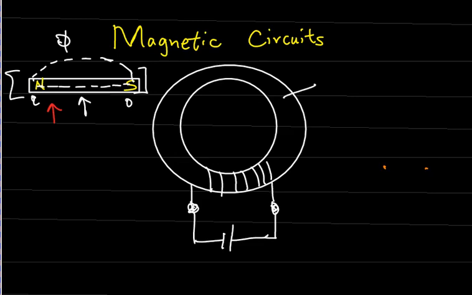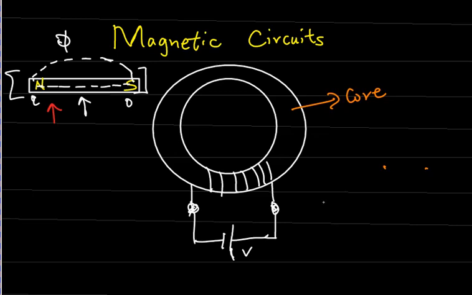Now this is a magnetic core. Please pardon me. So this right here is a core. Now this is a coil of wire, and this coil of wire is being supplied with current via this voltage source. So the current flows through the coil.